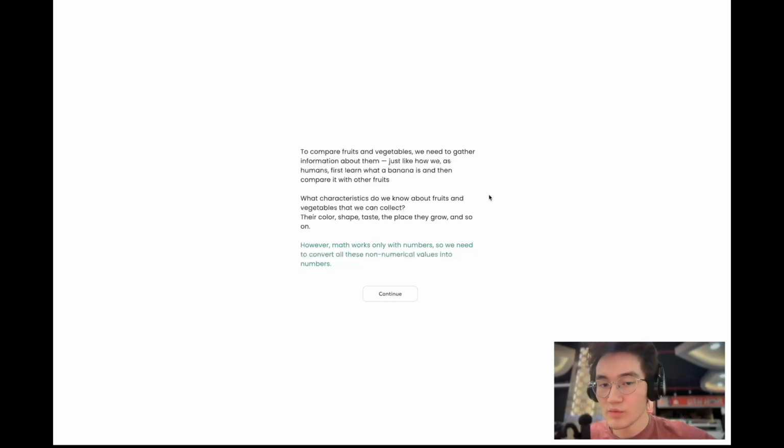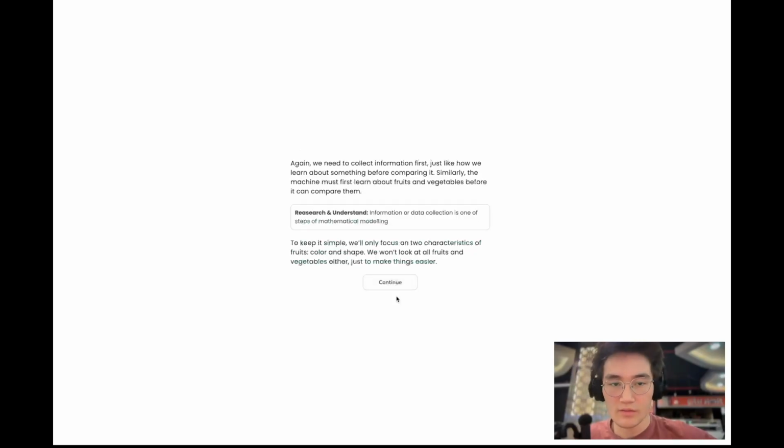However, math works only with numbers, so we need to convert all the non-numerical values into numbers. Again, we need to collect information first, just like how we learn about something before comparing it. Similarly, the machine must first learn about fruits and vegetables before it can compare them. Information or data collection is one of the steps of mathematical modeling.